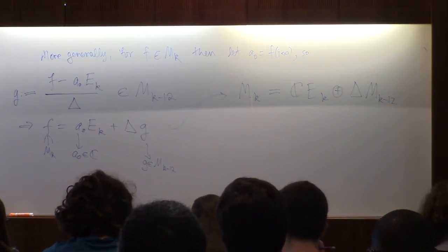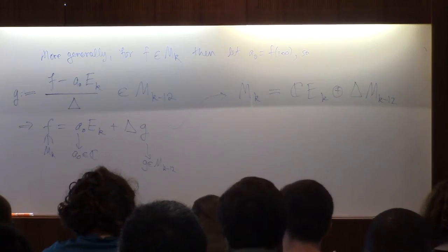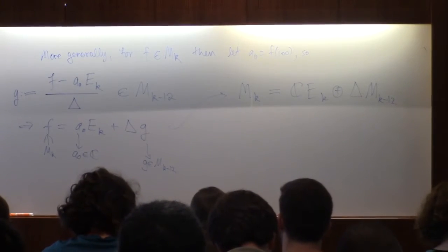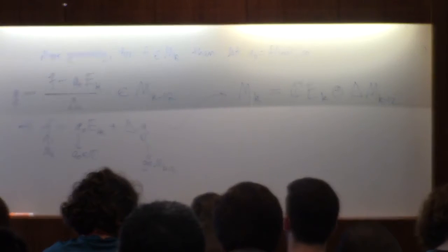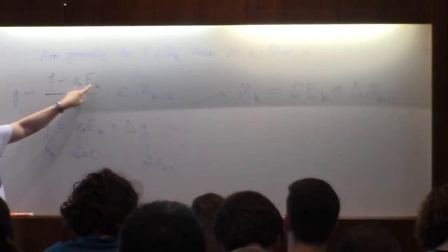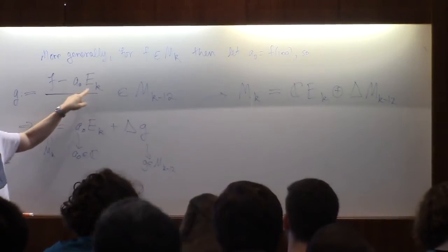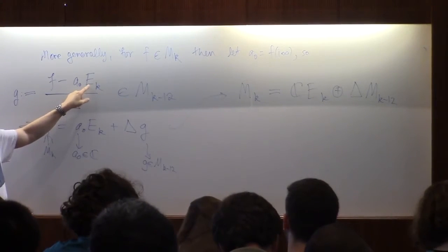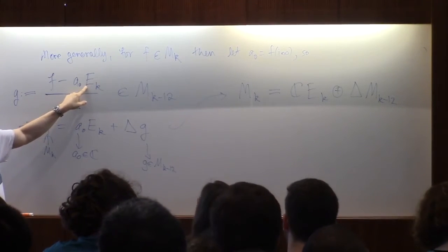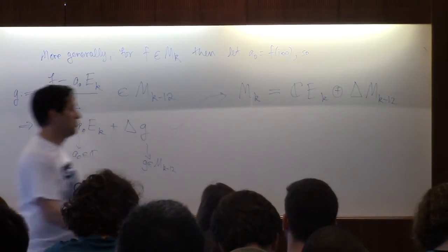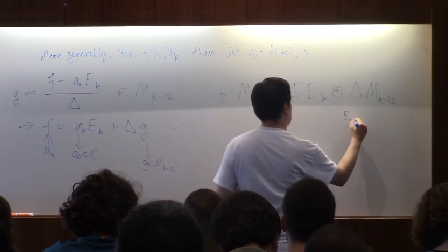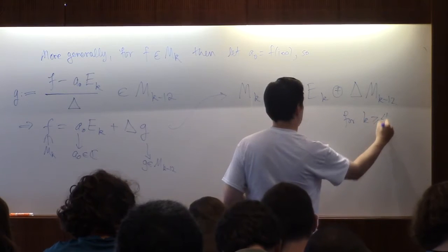There is no E2. Well, okay, there is the E2. It's not a modular form. And also, there's no E0. But the whole point of this construction here was a modular form of weight K that starts with a 1. Now, if I'm in weight 0, I could have used the constant function 1 in place of this. And the argument still would have worked. So maybe I should say this is for K greater than 4.